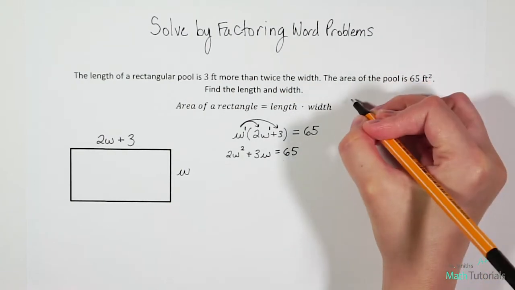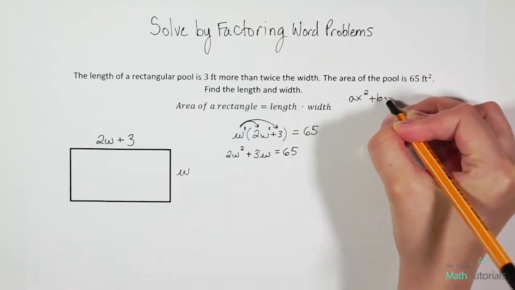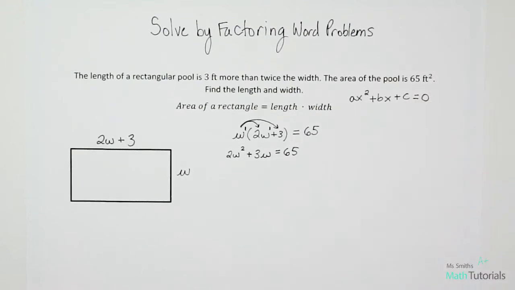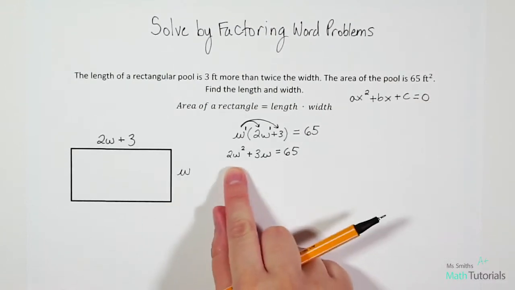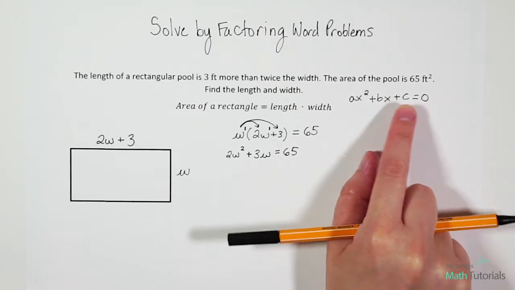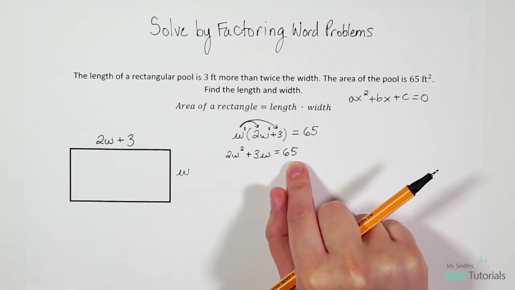And standard form, I'll just write it up here, would be ax squared plus bx plus c equals 0. This is very close, but it's not quite in standard form, because we don't have an equals 0. So we need to get an equals 0.